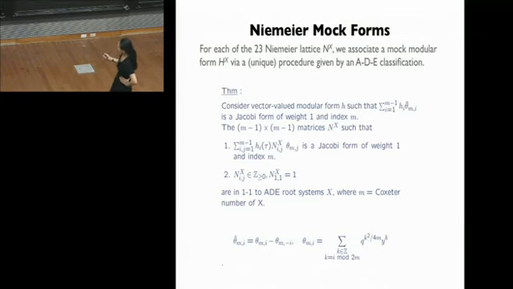So consider a vector valued modular form H with m-1 components, such that the combination of these components of the vector valued modular form and the theta function defined above is a Jacobi form of weight 1 and index m. And we want to consider again size m-1 matrices denoted by N_X, such that this new combination is again a Jacobi form of weight 1 and index m, and again subject to the same positivity condition.